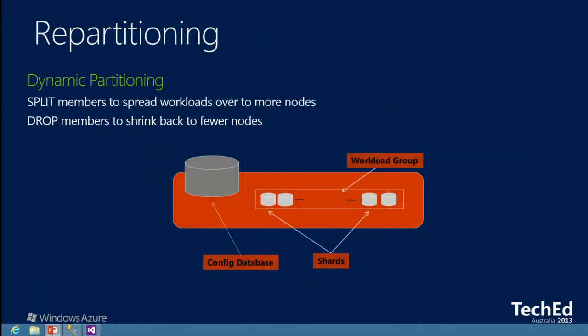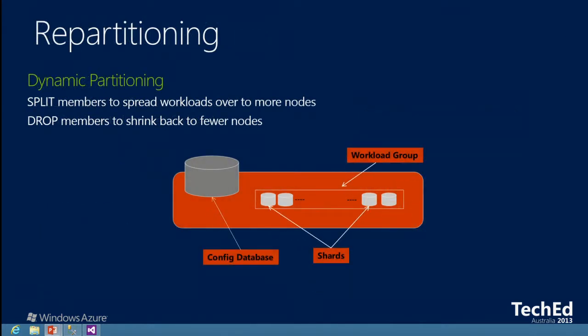All right. So there are two key concepts around sharding. First, dynamic partitioning. One of the things we're going to show you in the demo is the ability to say, if I hit a threshold, whether that's the max number of shards or the max shard size, I want to automatically and dynamically repartition my database. I don't want to get an error and have things come to a screeching halt because I've hit my limitations.